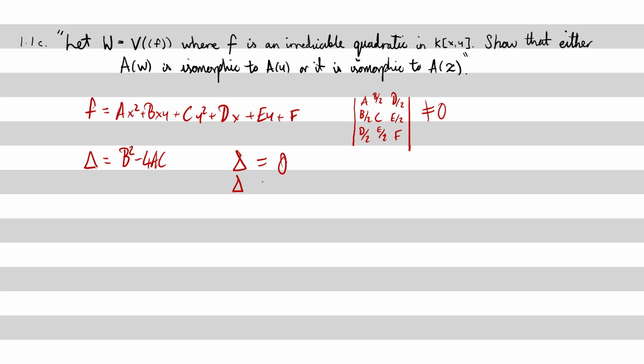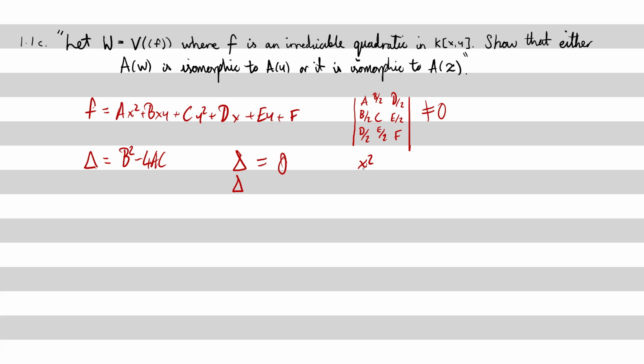Basically, if it's equal to 0, then it is a parabolic conic, so it is somehow able to be transformed into y equals x squared via those transformations.